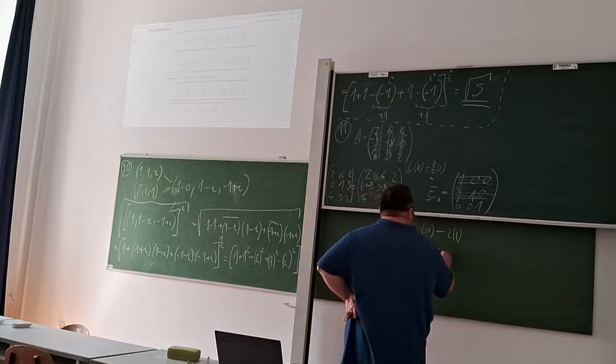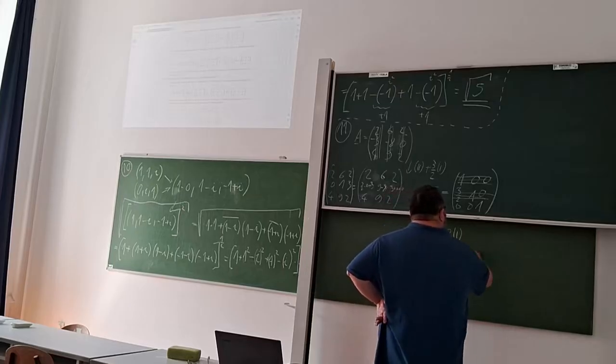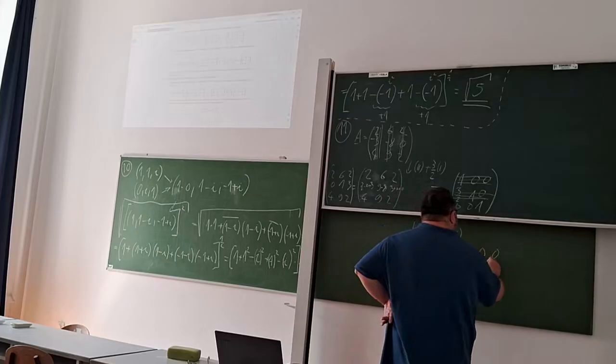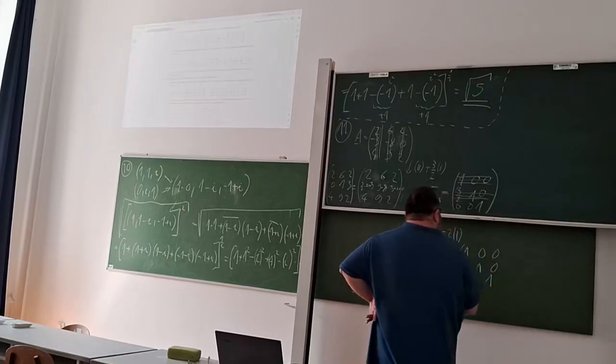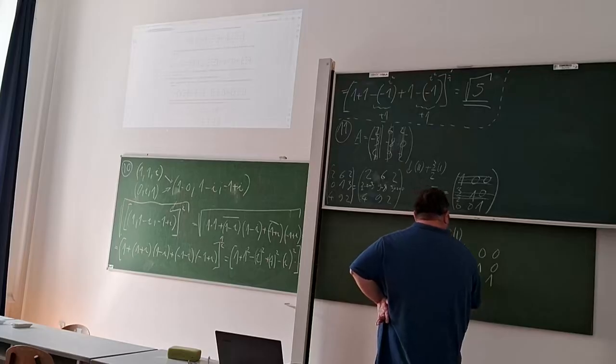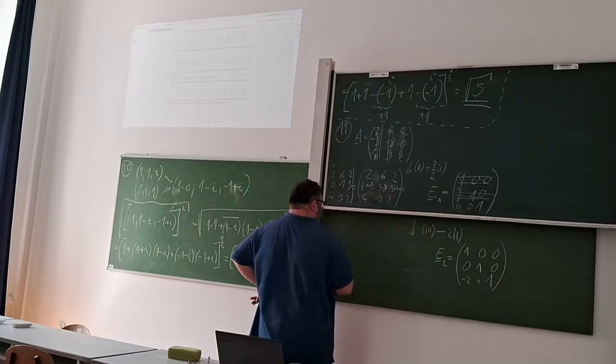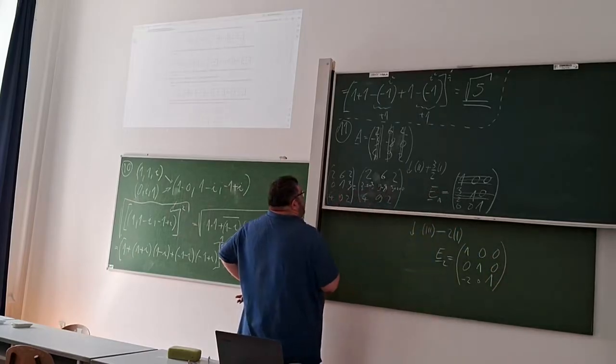So A2 is supposed to be 1, 0, 0, 1, 1, 0. Nothing happens here, but here I need -2, and that's 0, 2. Okay, let's see whether it is good or not.